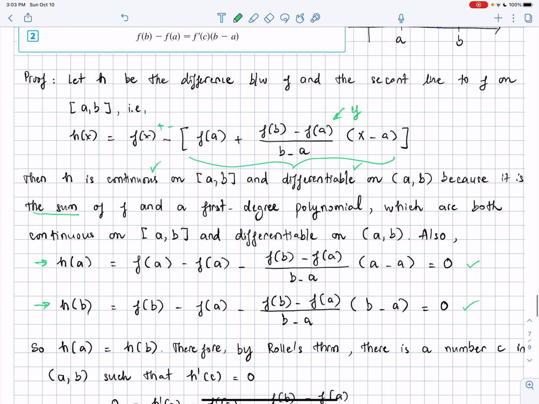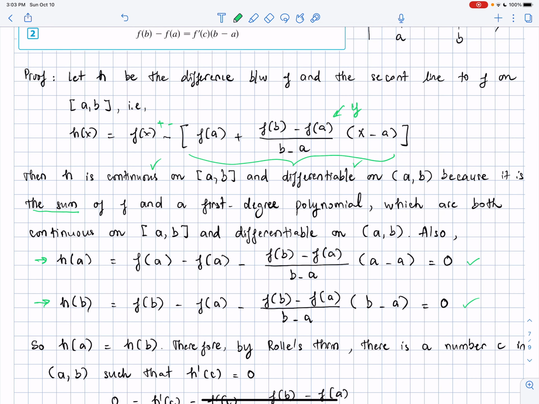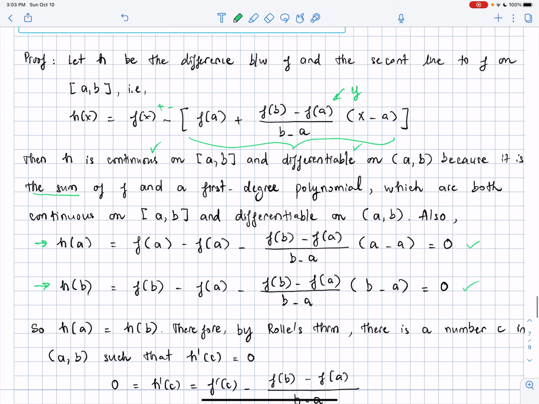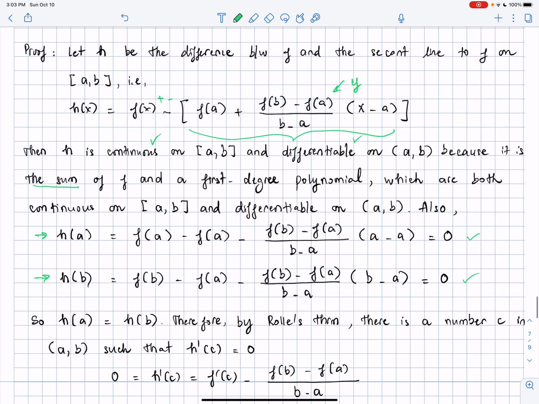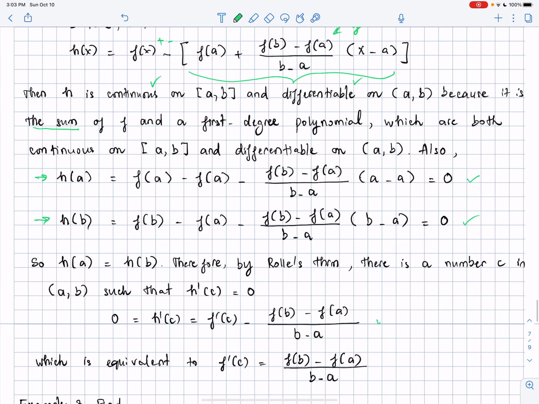So we can conclude by Rolle's theorem that there is a number c in the open interval (a, b) such that h prime of c equals 0. But h prime of c is this, right? And this is the same thing as this.